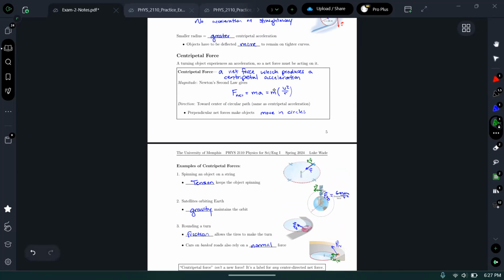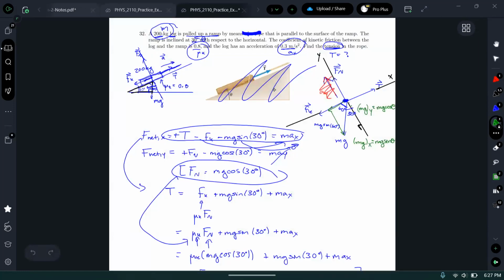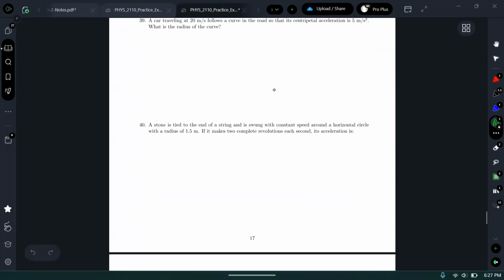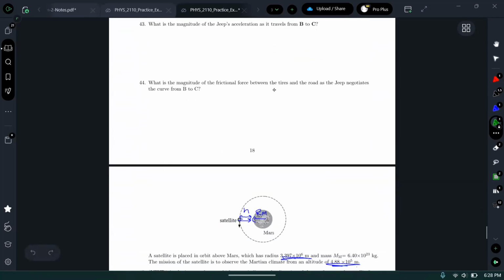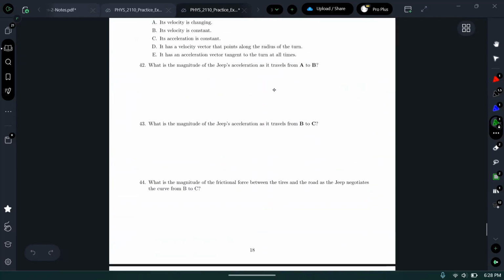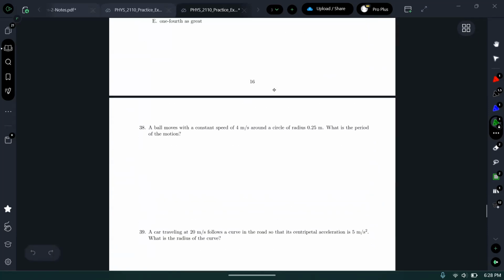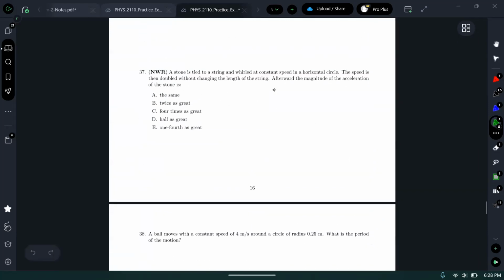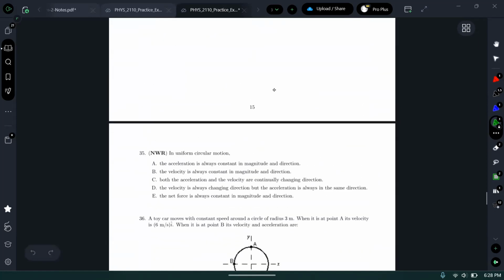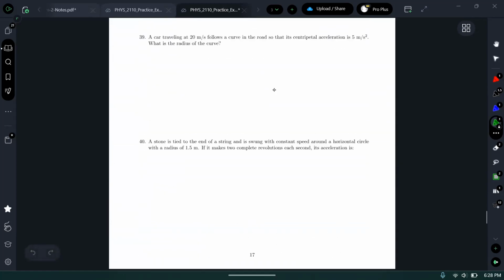I'm trying to find a question on this centripetal force on the practice exam. Okay. So anything 35 or after is that sort of realm.